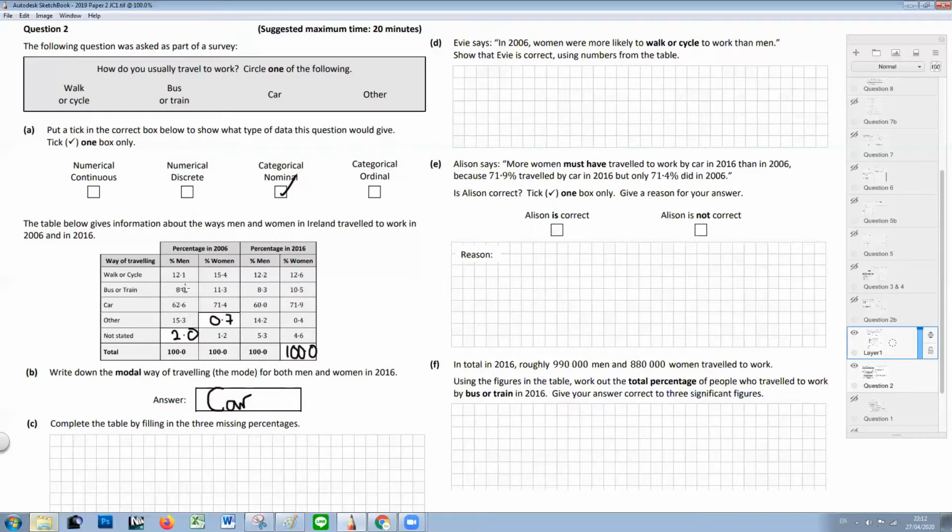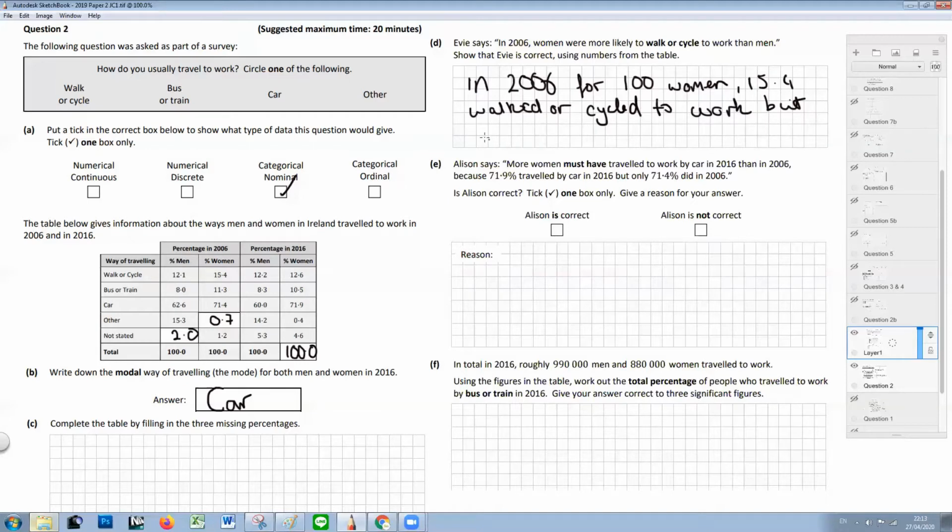So we can say in 2006, for every 100 women, 15.4 walked or cycled to work, but only 12.1 of every 100 men did the same.